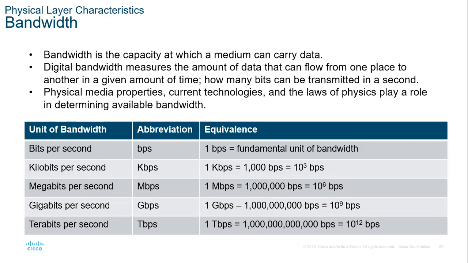Gigabits per second, gbps. 1 gbps equals 10 power 9 bps. Terabits per second, tbps. 1 tbps equals 10 power 12 bps. This is how bandwidth is measured. Units.